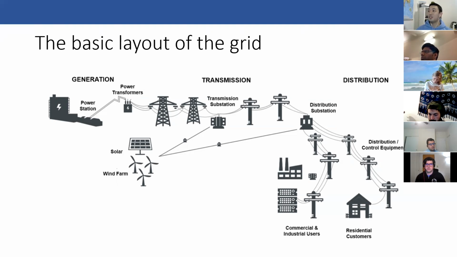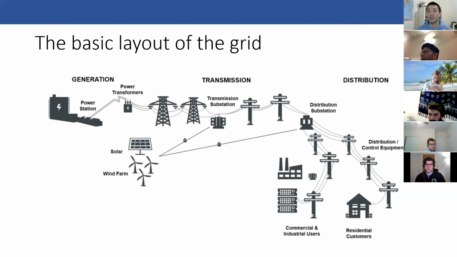And when you're driving around town and you see lines coming on those wooden poles, that is part of the distribution system. The places where the voltages get either stepped up or stepped down are at substations.